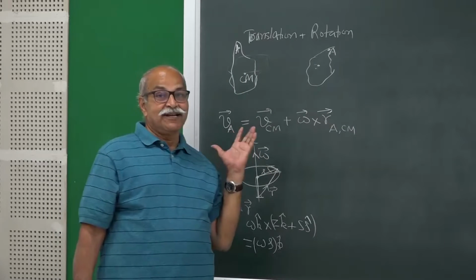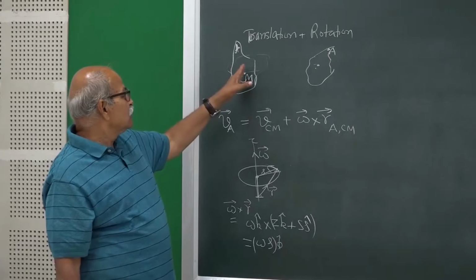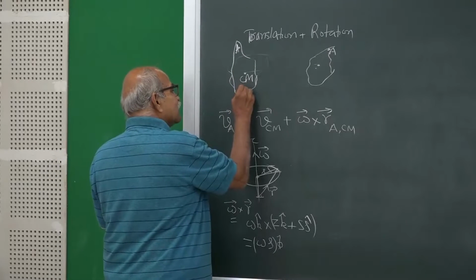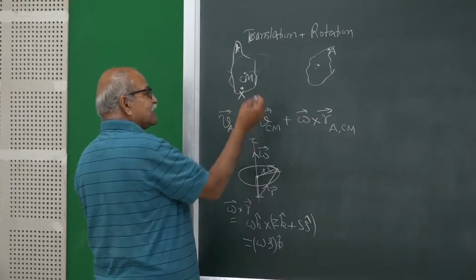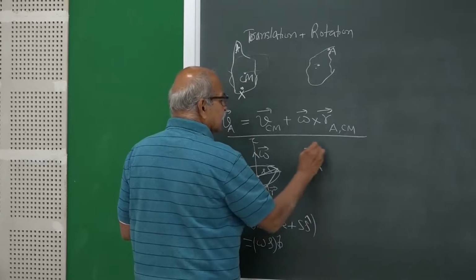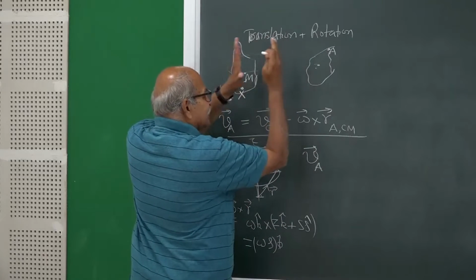Now, very interestingly, if you do not use the center of mass and fix up some other point, say some other point here, let us say this point is named x, you can still write the velocity of this arbitrary point a, the velocity of a at any instant.